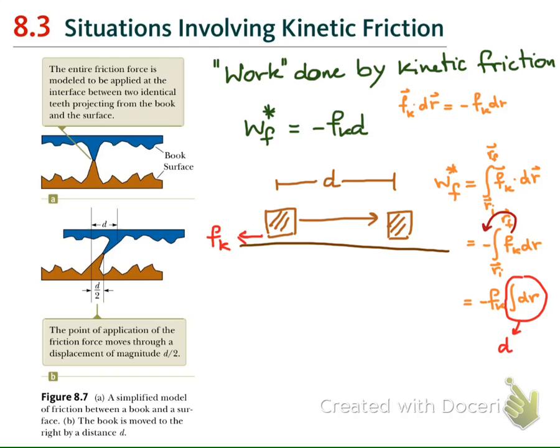The definition of work for the friction is more complicated than the work from the other forces. It means that if you want to calculate the work from the friction, it's more complicated than the calculation of the work from the other forces.